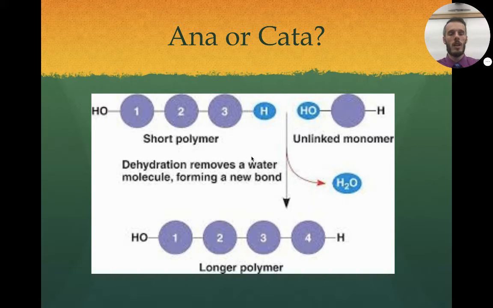Okay, so for the next couple slides, I want you to determine whether it is anabolic or catabolic. Here we have a short polymer and a monomer that are being bonded together to form a longer polymer. So is that anabolic or catabolic?